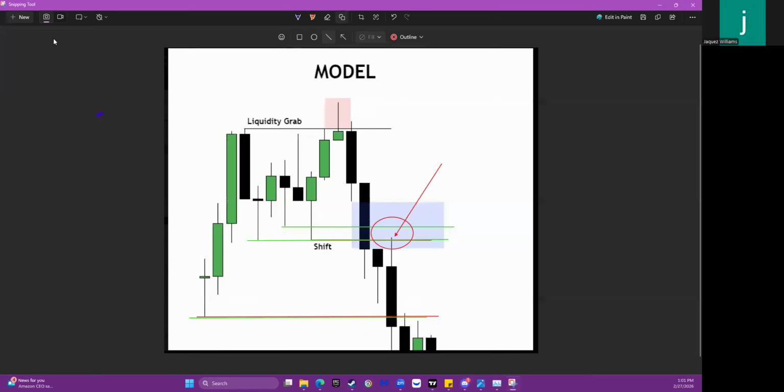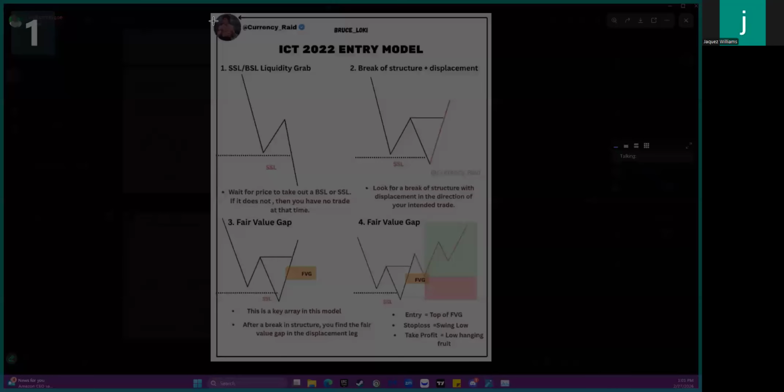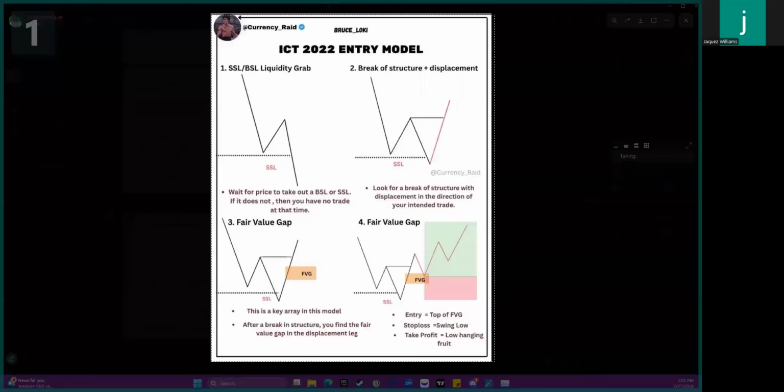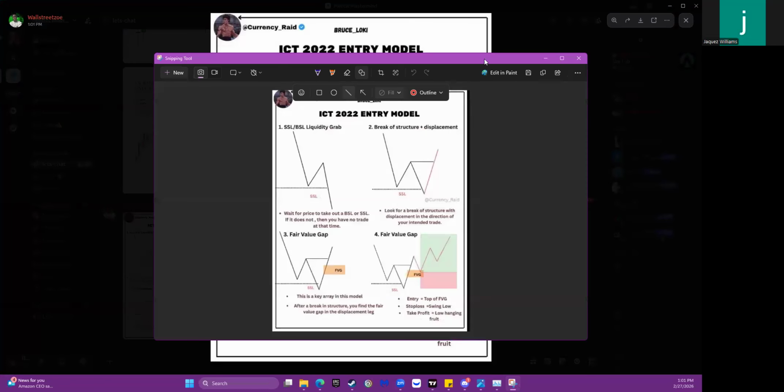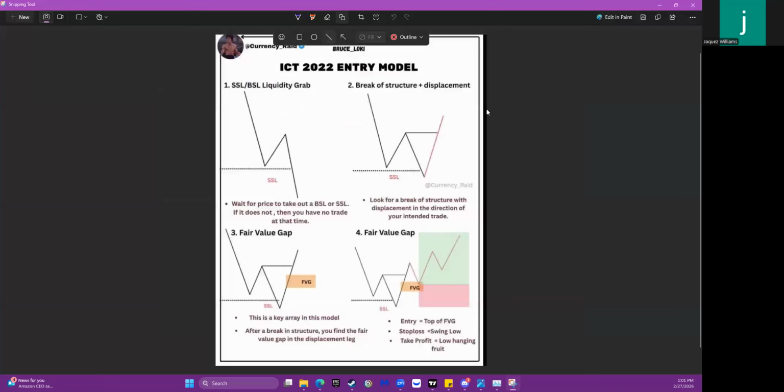That'll show you all the steps. This is basically all of the steps of what's going on. You see how at number one it says sell side liquidity or buy side liquidity grab, and you see how price goes below that sell side.